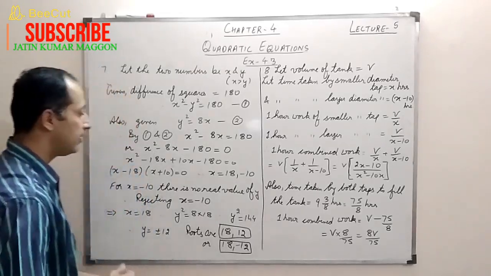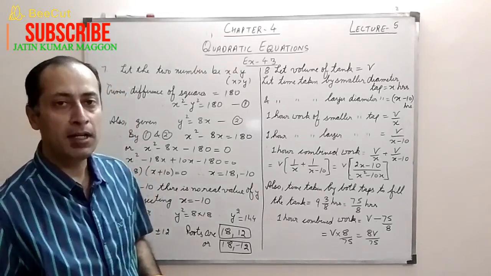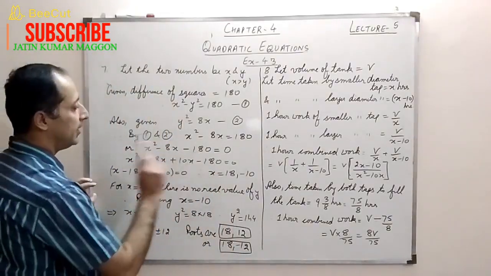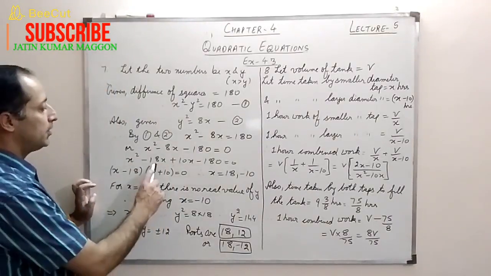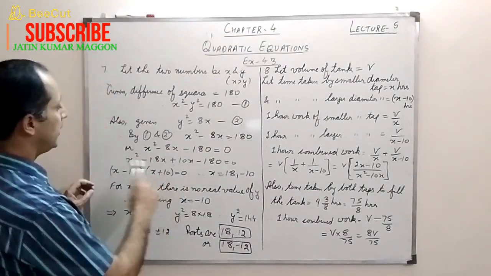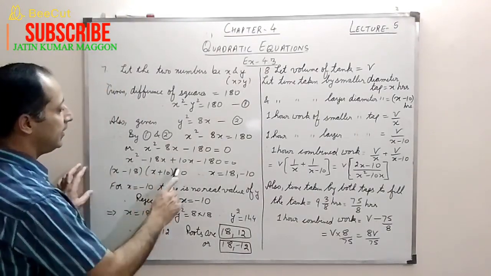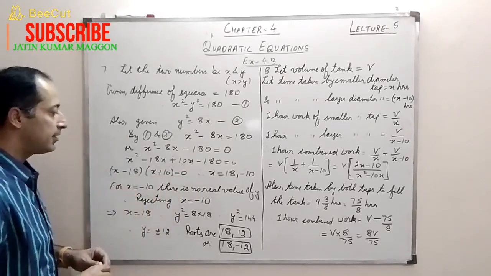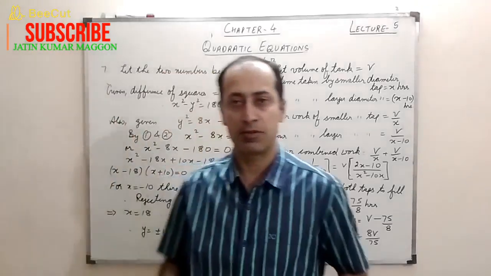I have used the method of splitting the middle term, that is the factorization method. The product is minus 180, the sum is minus 8, so my two numbers are minus 18 and plus 10. So x square minus 18x plus 10x minus 180 equals 0, and the factors I get are x minus 18 and x plus 10 equals 0.